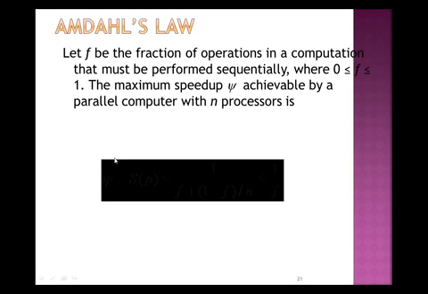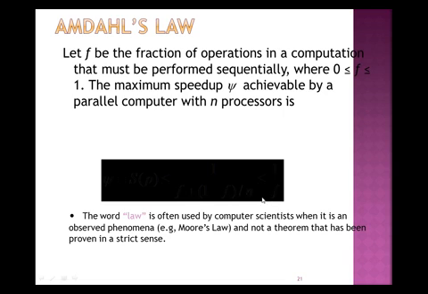That is, it lies between 0 and 1, and can also equal 0 and 1. The maximum speedup achievable by a parallel computer with n processors, that is n number of processors, is given by this expression: speedup ψ is less than or equal to 1 over (f plus (1 minus f) over n).